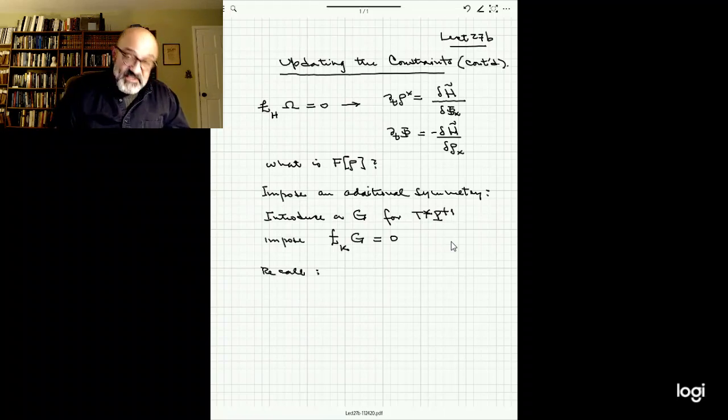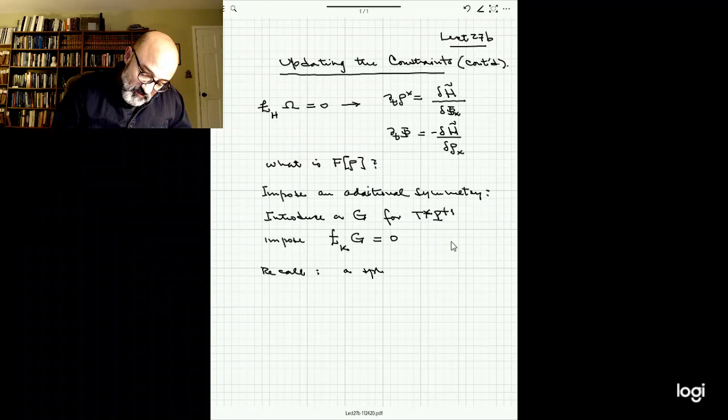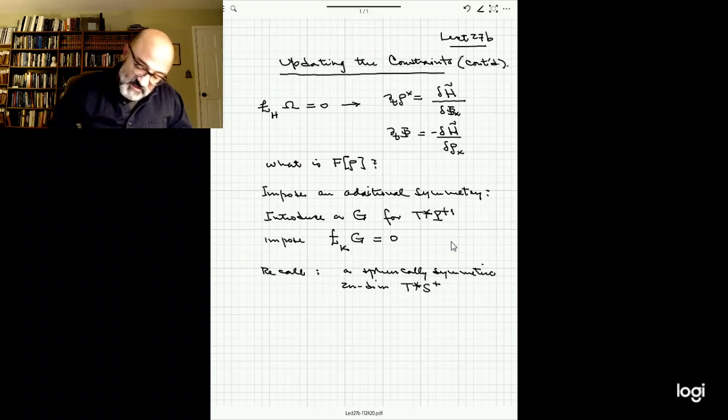Recall, for finite dimensions, for the simplex, we were dealing with a spherically symmetric 2n dimensional cotangent space.